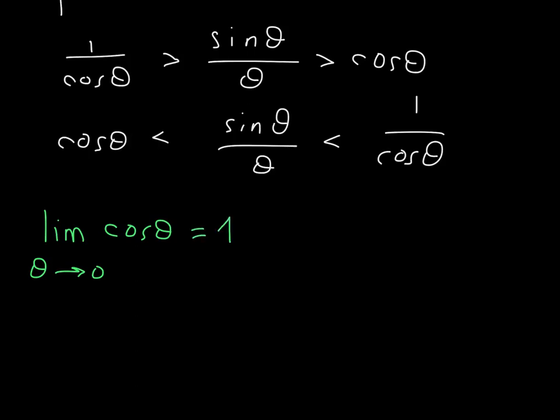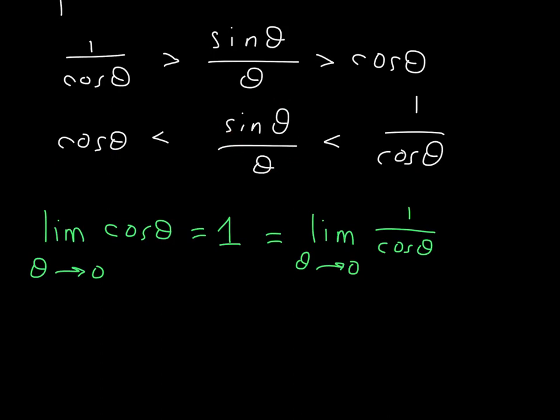It's equal to 1, which is equal to the limit of 1 over cosine theta as theta approaches 0, right? Because the limit of cosine of theta as theta approaches 0 is 1, so then this is 1 over 1, which is 1.